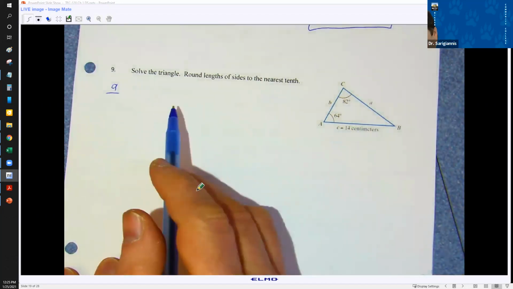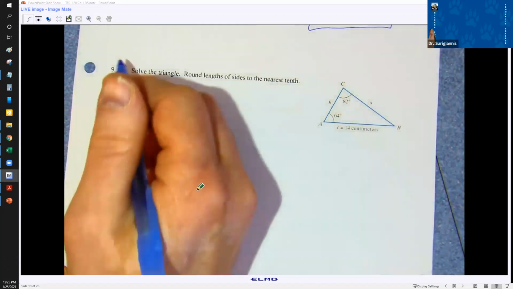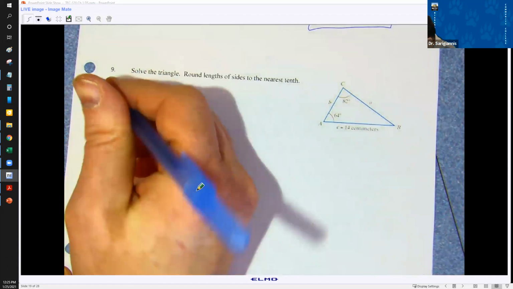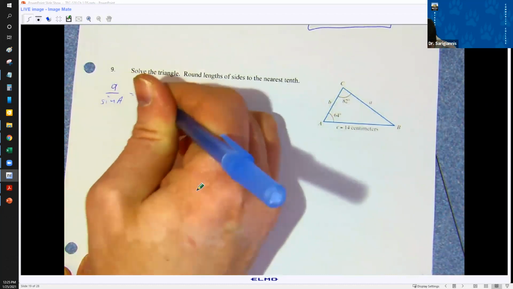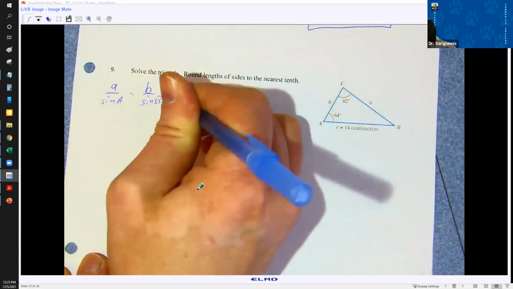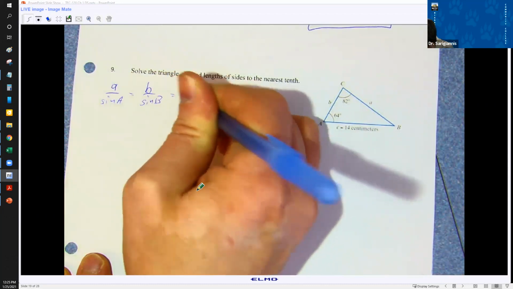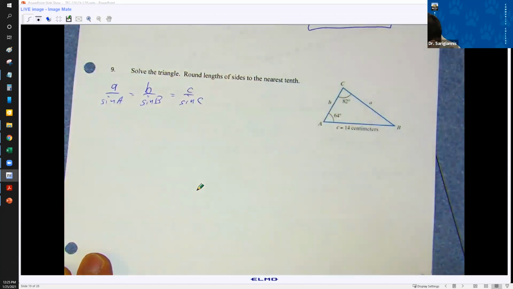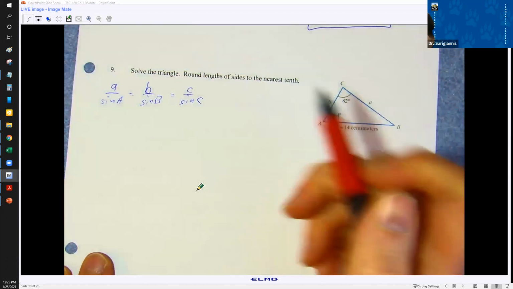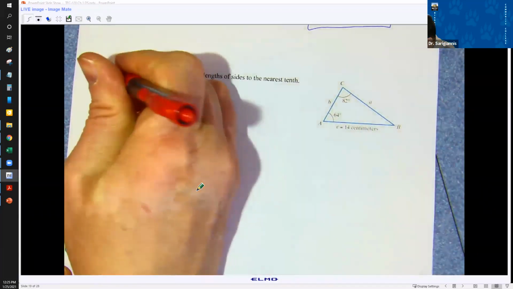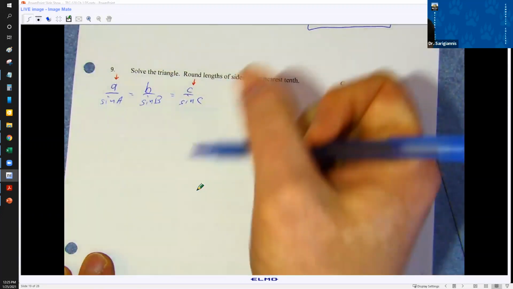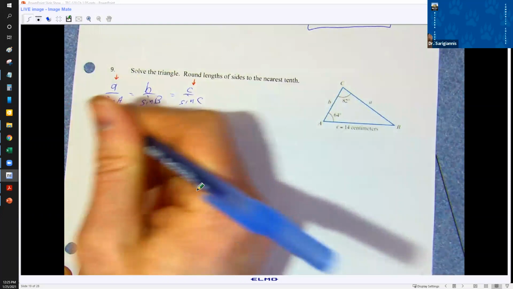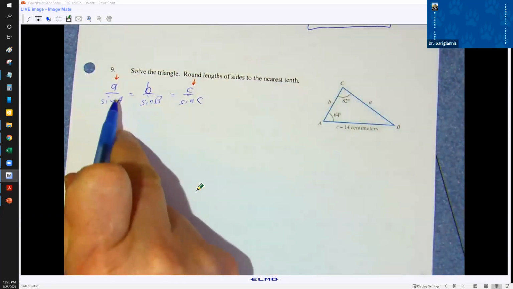Let's first figure out, let me write down the law of sines here first. A over sine A equals B over sine B equals C over sine C. So we're going to start off with, given the information we know, these 2, right? The A and the C. So I'm going to set A over sine A, well, let's rearrange this.